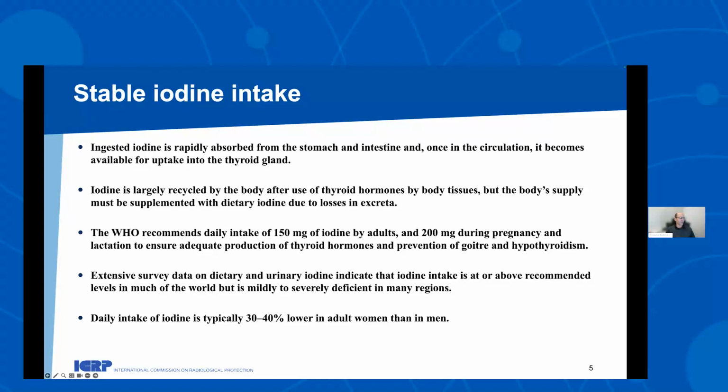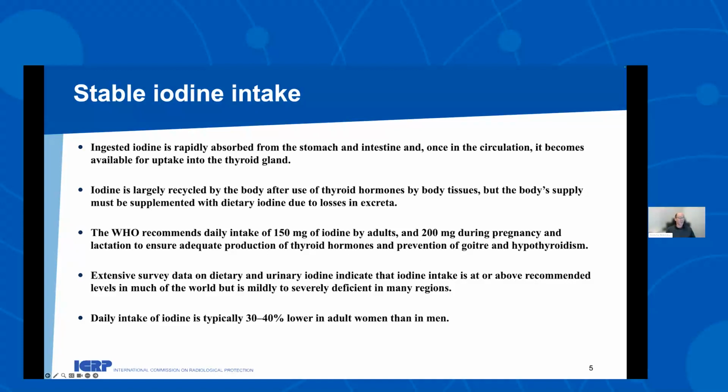Extensive survey data on dietary and urinary iodine excretion indicate that there are plenty of regions with sufficient iodine supply, but there are a number of places and countries where there is substantial iodine deficiency.